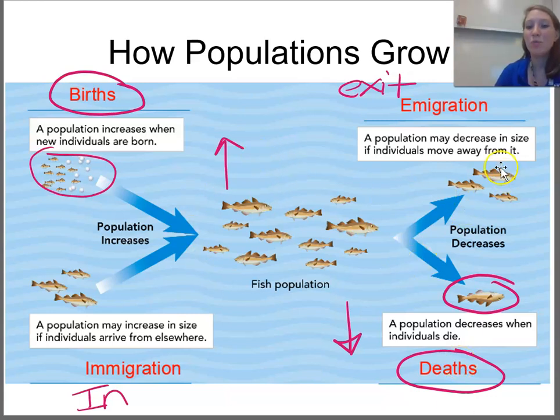And if this happens too much, like what happened with certain types of dinosaurs, then you can become extinct if it happens over and over again, or if you have some sort of huge catastrophic event that causes your whole population to go away.